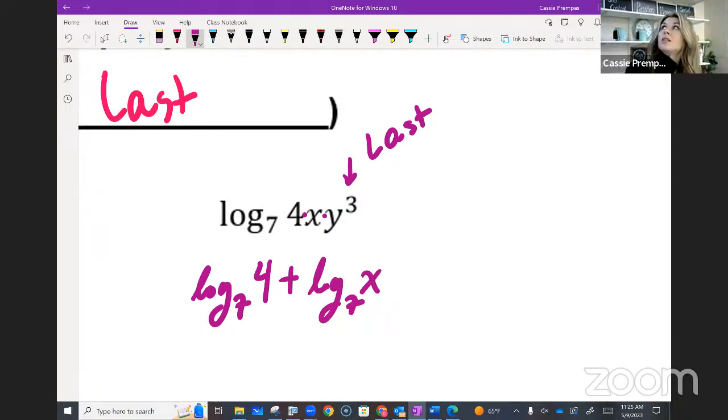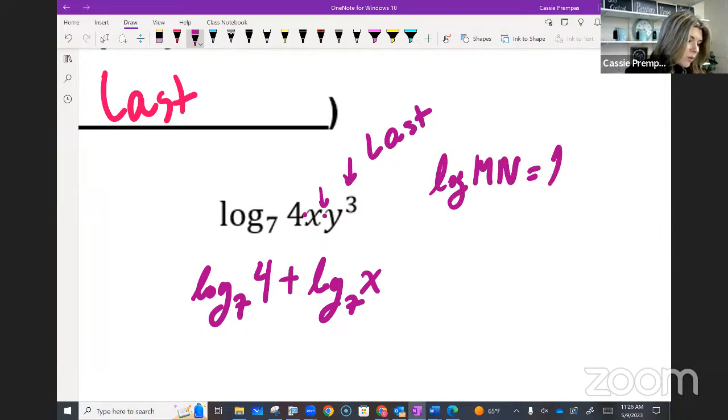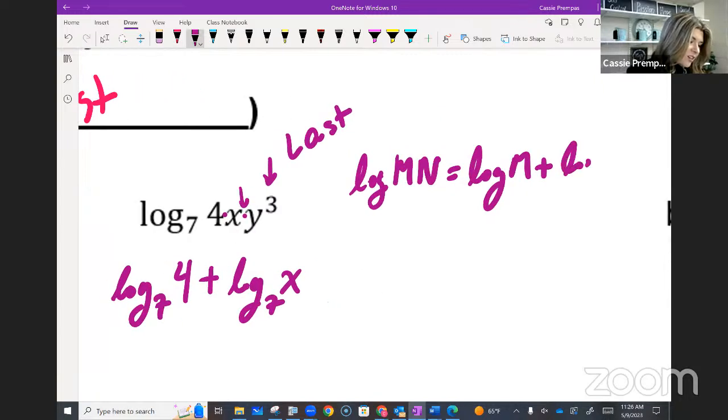How am I going to separate x times y cubed? With a minus sign or a plus sign? Whenever you see times, you're going to plus it, because we're separating it out. So this is what we're doing. We're taking that property and we're working backwards. Log of m plus log of n.